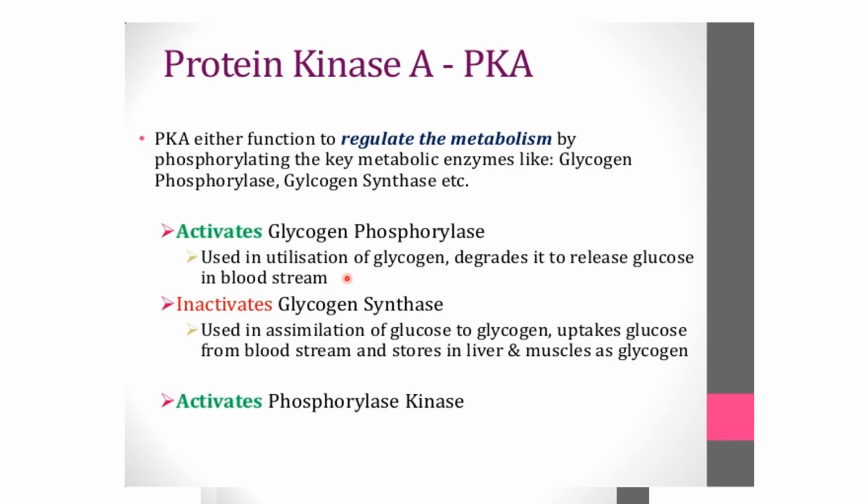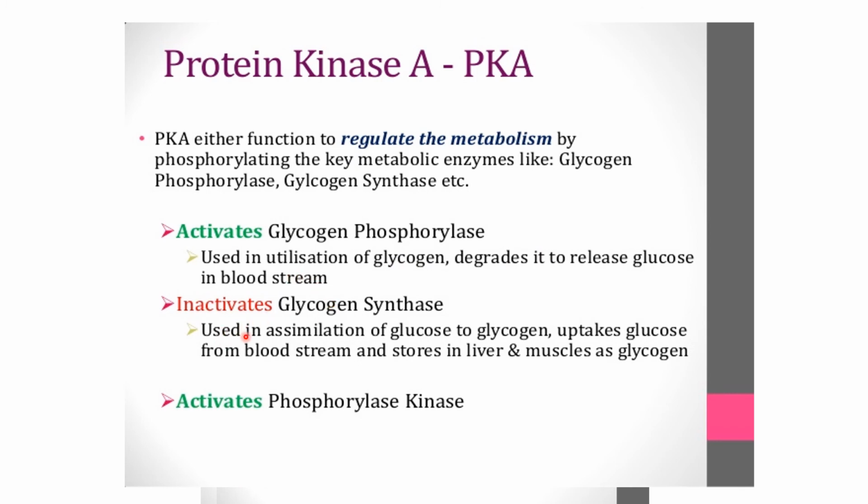When glucose is required, the glycogen is broken down into glucose subunits, and that glycogen is broken down by glycogen phosphorylase. In the case of synthesis of glycogen, glycogen synthase is the enzyme. So cyclic AMP production inactivates the glycogen synthase, so that the formed glucose should not convert back into glycogen, and it should be present in the bloodstream for body functioning.